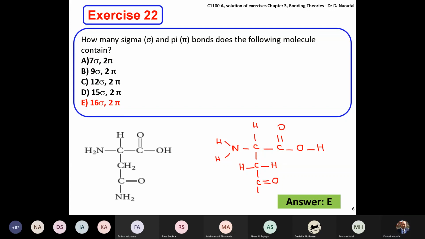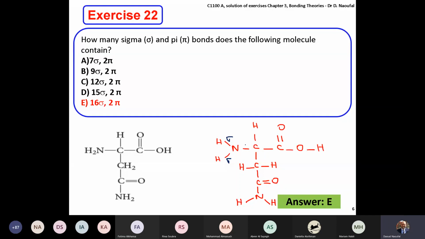CO, N, H, H. The bond between N and H is sigma. A single bond is necessarily sigma.